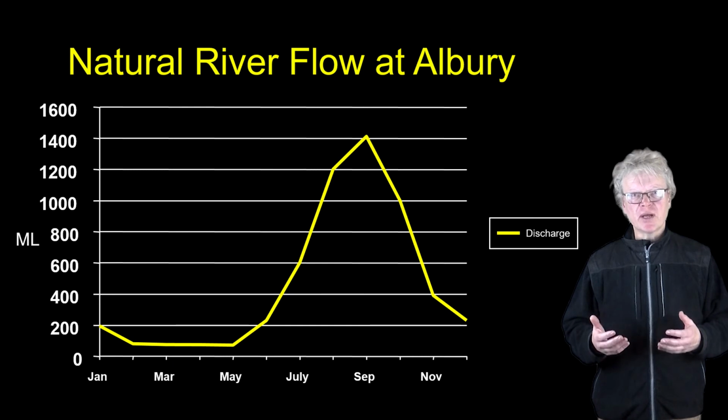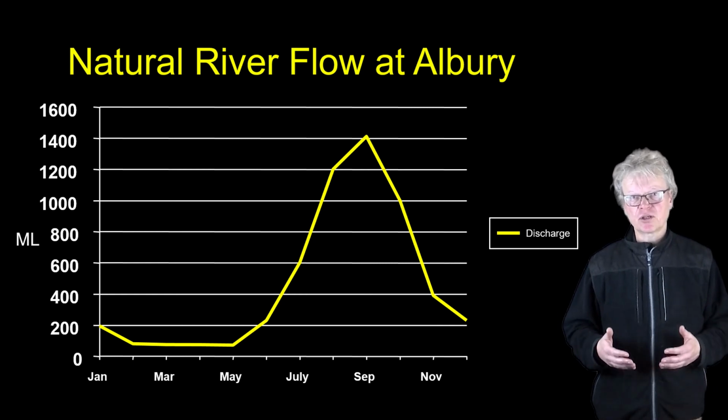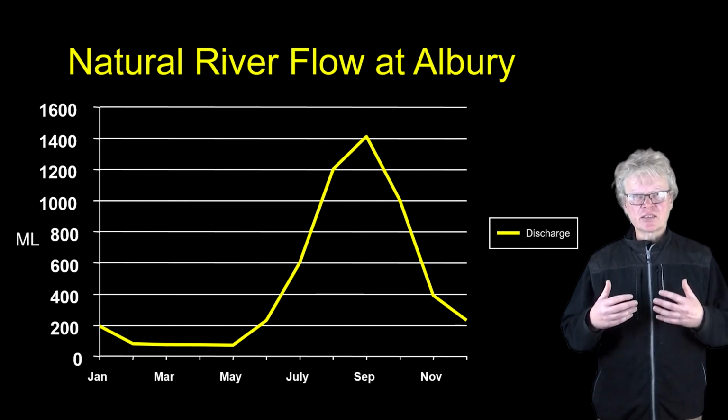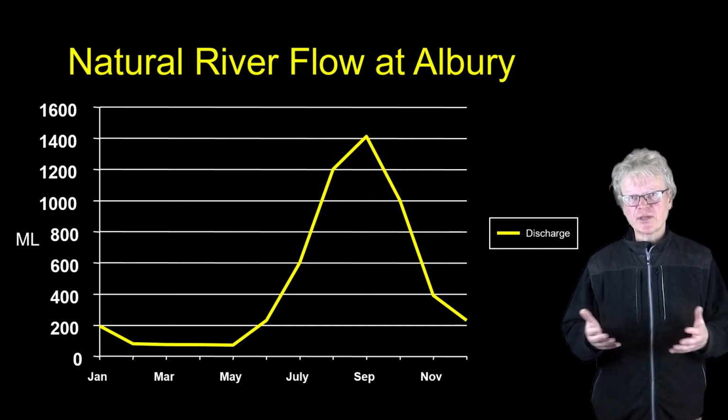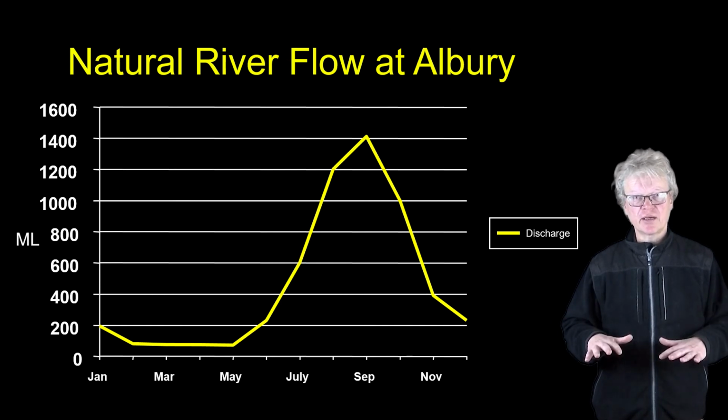And the relationship makes sense. You get higher flows in that spring period, which reflects higher rainfall in the southern part of the continent. And then as the climate dries out over summer, the flow of the river falls and you get much lower flows over summer.